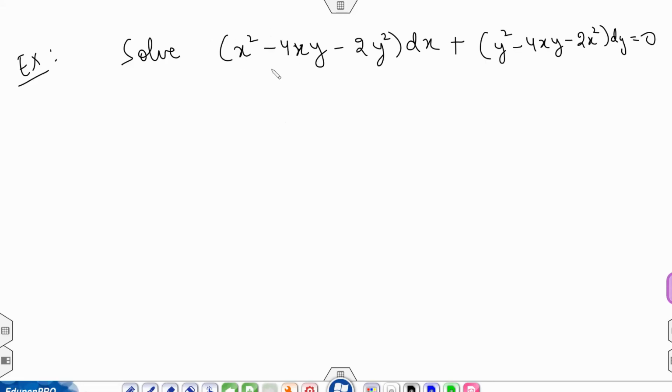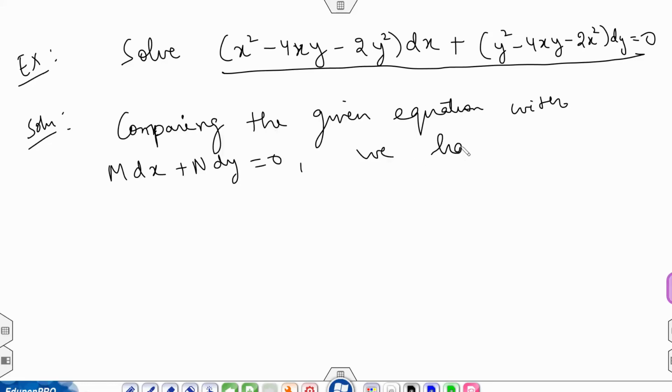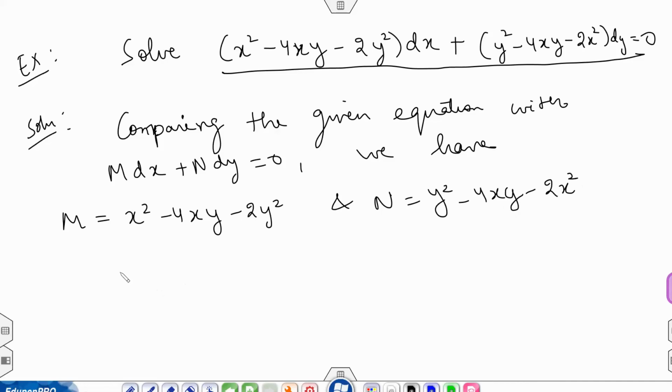So this is my example 1. You need to solve this differential equation. You know how you need to start. You need to compare this differential equation with m dx plus n dy equal to 0. So therefore what will you get?